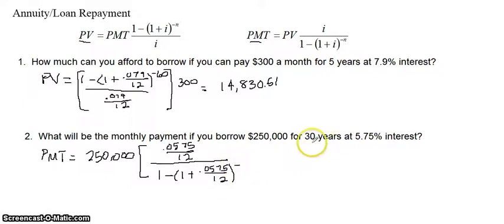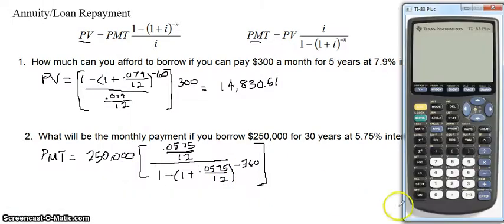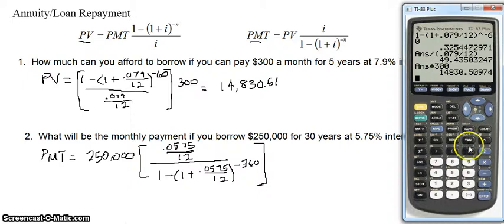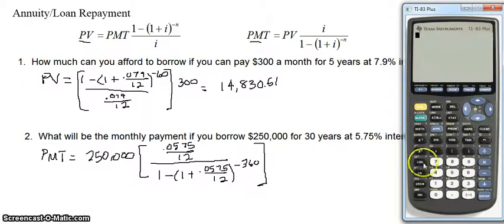And here we've got 30 years times 12 months, so that's 360 months. And we'll close the brackets, and that's the formula set up.